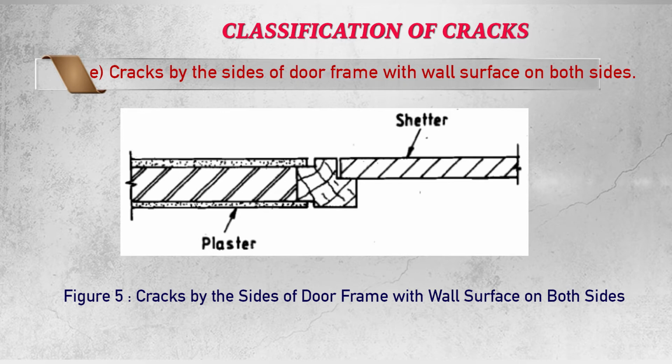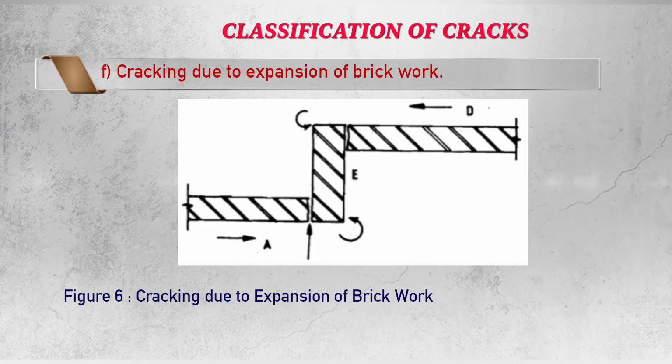So, carefully look at these cracks. Then in figure 6, you see the cracking due to expansion of brick wall. Here the cracking occurred due to the expansion of the brickwork.